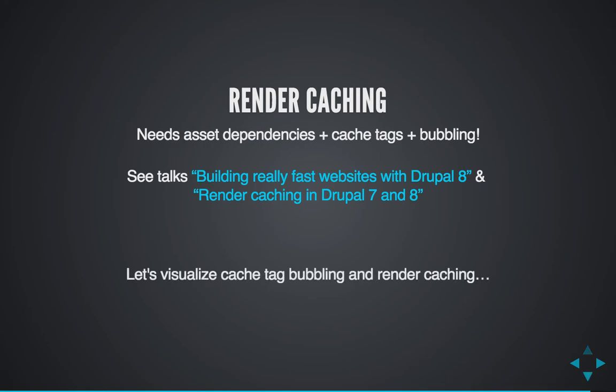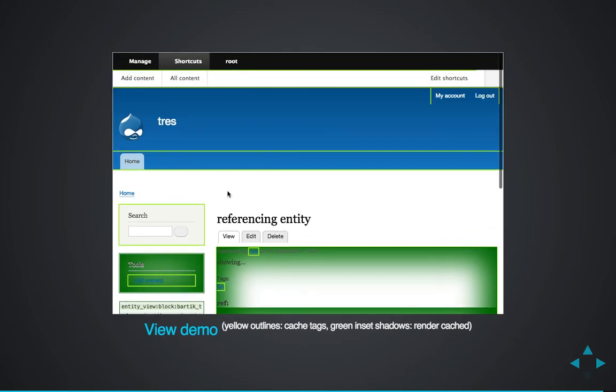And as a closing note, let's visualize cache tag bubbling and render caching in Drupal 8. So I have here a Drupal 8 page that is now static, but I hacked it to add some additional information on top. And you see yellow outlines over here, here, here. What's interesting about them is that these are all the things with cache tags.